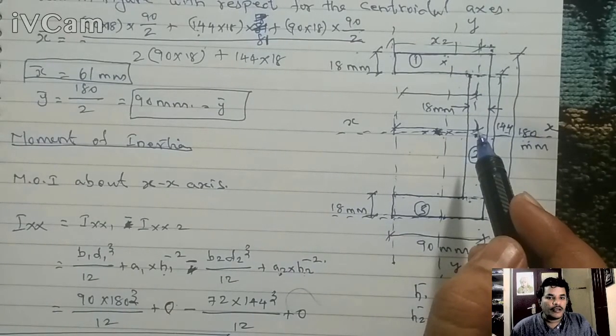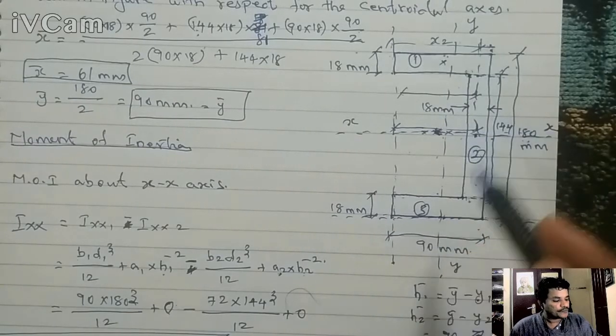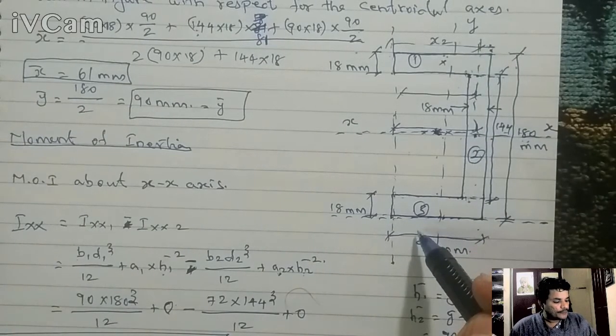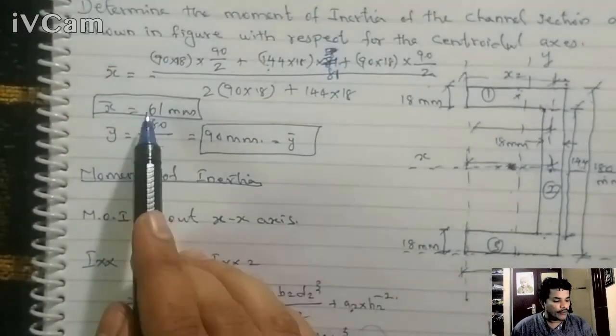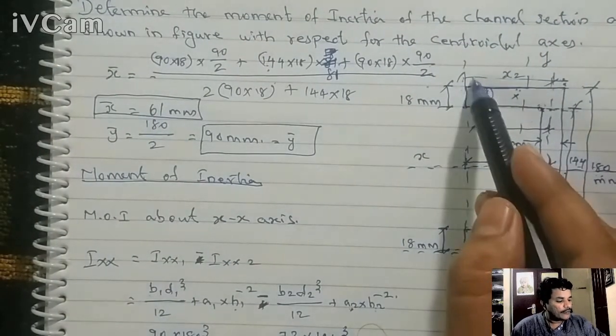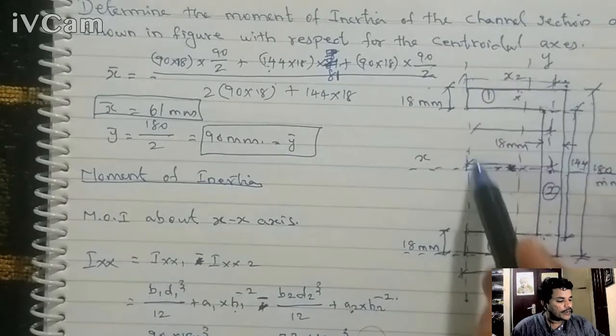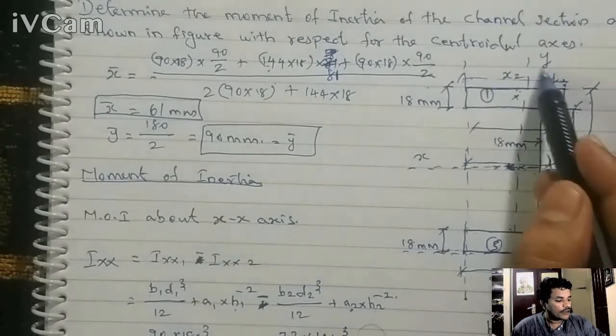Before going to h1 bar and h2 bar, what is the x bar value? The x bar value we have calculated is 61 mm. And what is the centroid of the outer box?